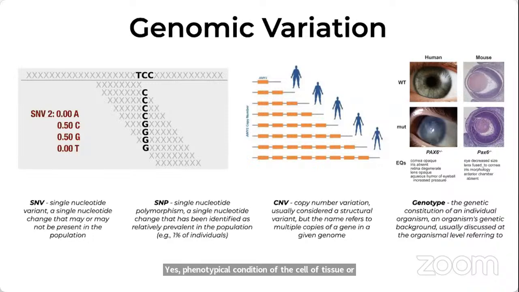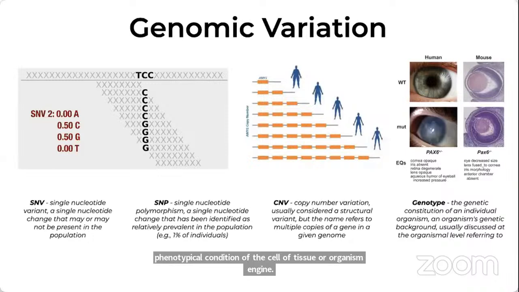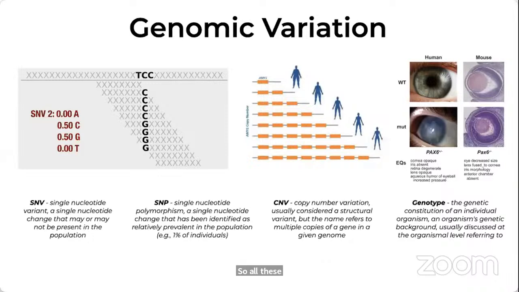All these changes that are characterized at the level of the genes or genome are termed genotype, and many of these genotypes can end up in specific phenotypes that can be harmful, harmless, or potentially beneficial in some aspect. For example, one of the examples of a harmful mutation or harmful genotype is the one that involves PAX genes.